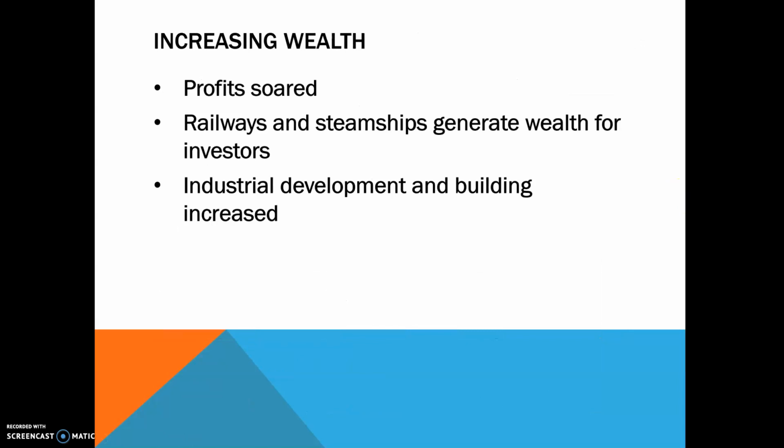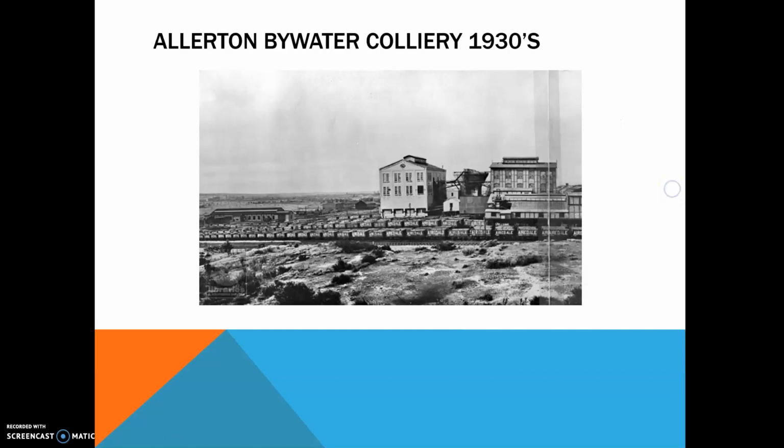So with this increasing wealth, you have the idea about profit, you have railways and steamships making travel and trade so easy, and generating lots of wealth, and then you have this increased industrial development and building increases as well. So everything is moving faster than it had in the pre-industrial period.